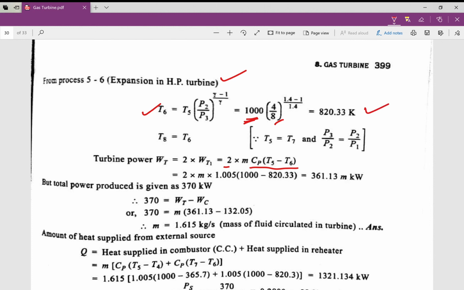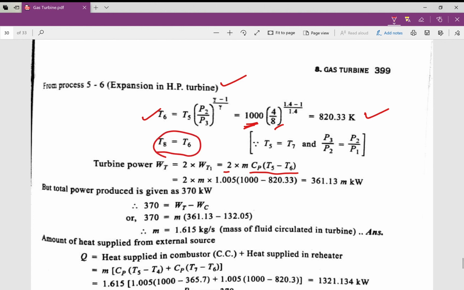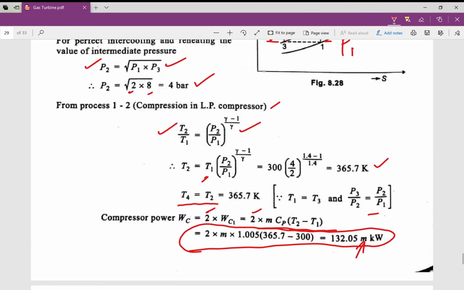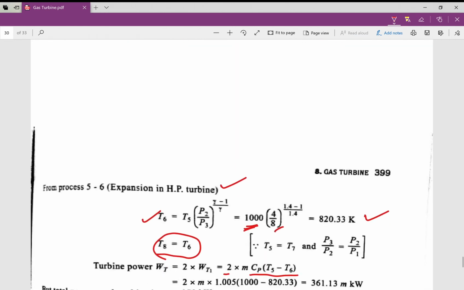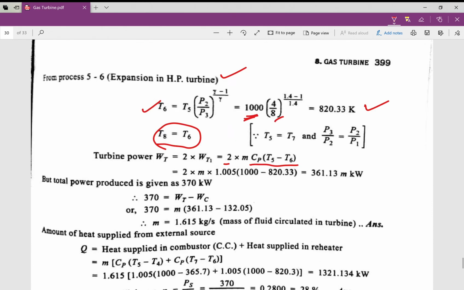So this T6 is equal to T8. It is shown on this diagram. T6 is equal to T8. So this is mentioned over here.